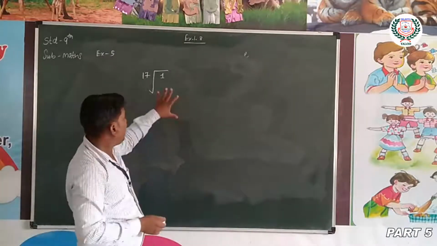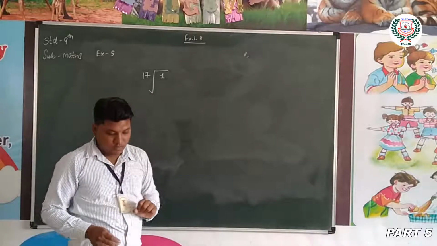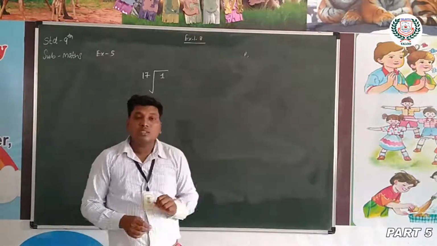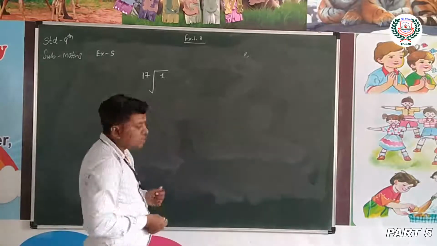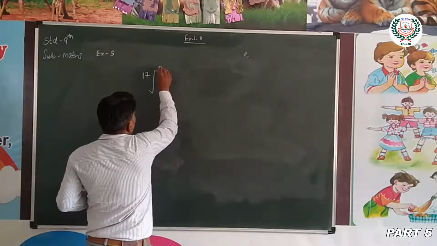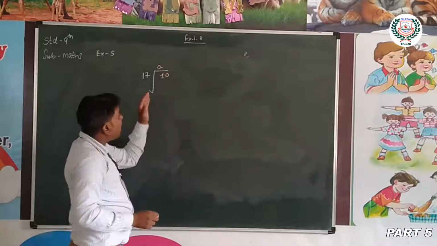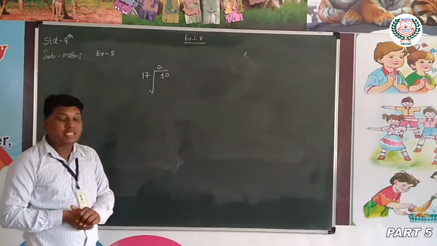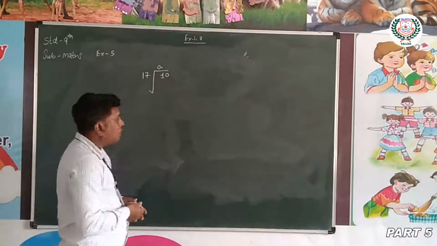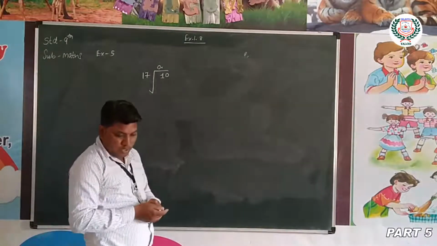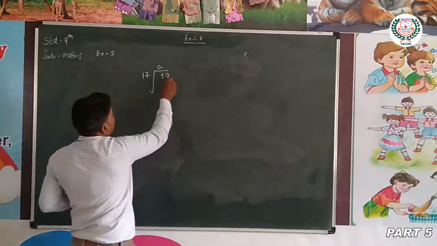So 1 is divided by 17. We cannot, because 1 is less than 17, so we have to put 0. So 0 point. Now 10 is less than 17, so once again we put 0.